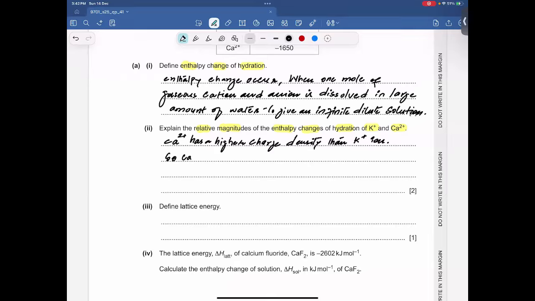So calcium ion forms a strong electrostatic bond between calcium ion and water.